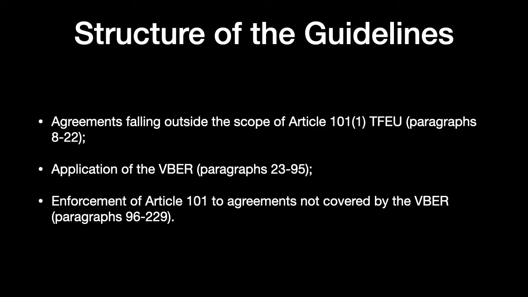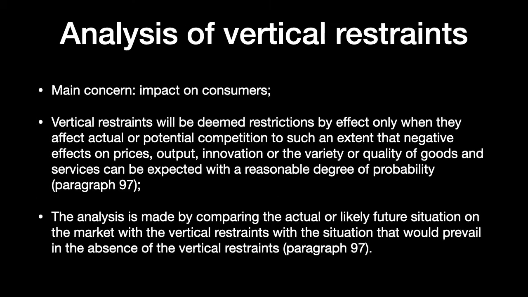And so here you will find details as to how the Commission or a national competition authority or a national tribunal should look at both the market, the possible positive and negative effects of vertical restraints, and whether or not it could be justified under Article 101(3).